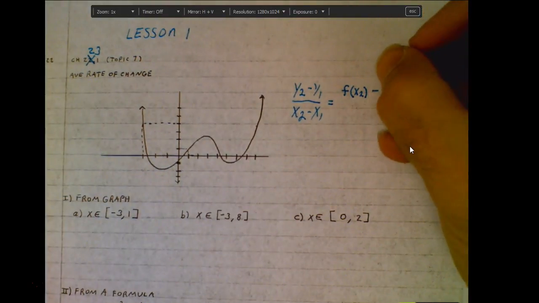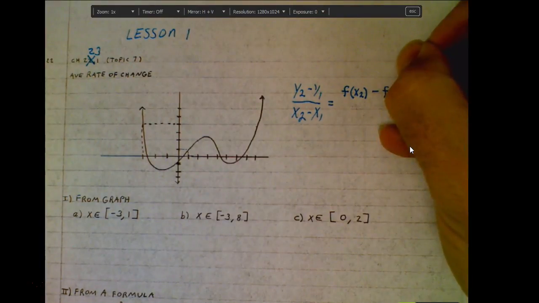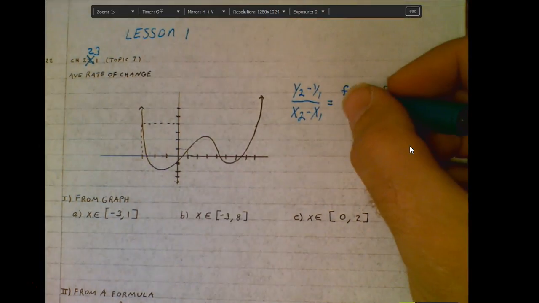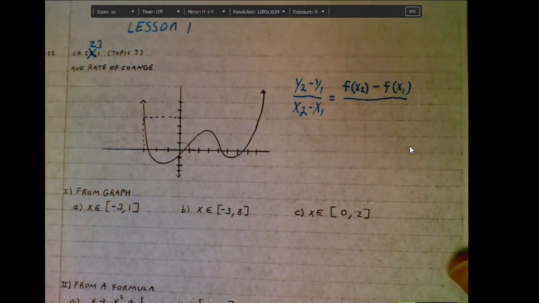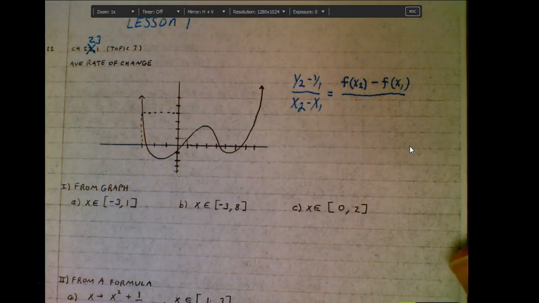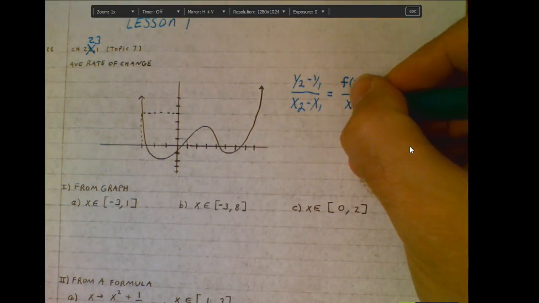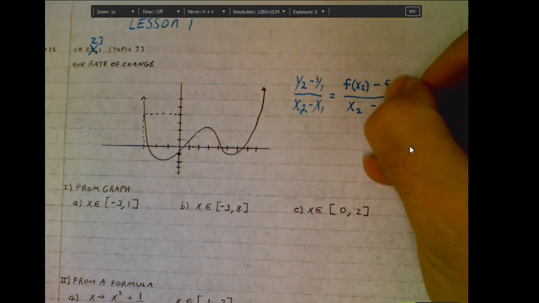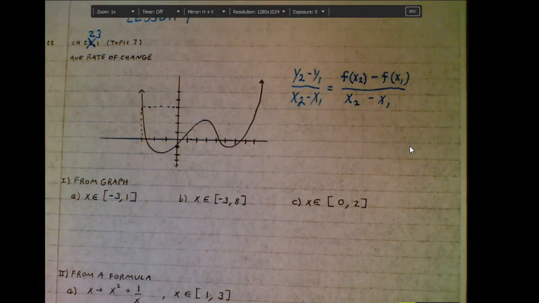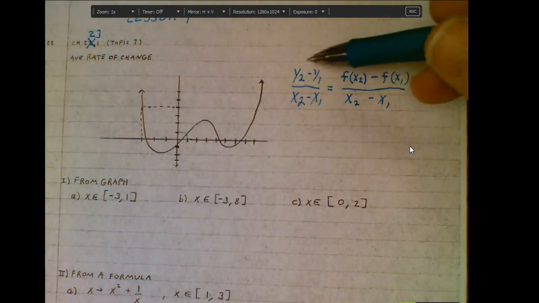It means the same thing, it's just a different notation. So it's important to understand that those mean the same thing, just written two different ways. And of course, x is still x, so I would still write this as x2 minus x1. So just understand that these two scenarios mean the exact same thing.